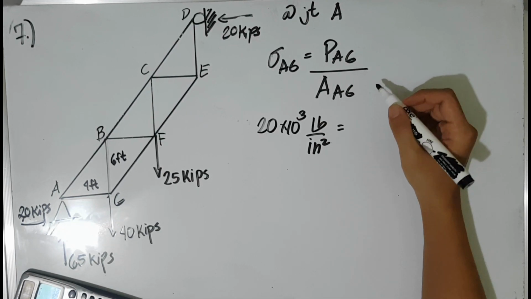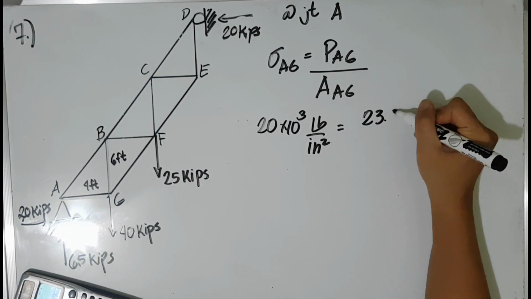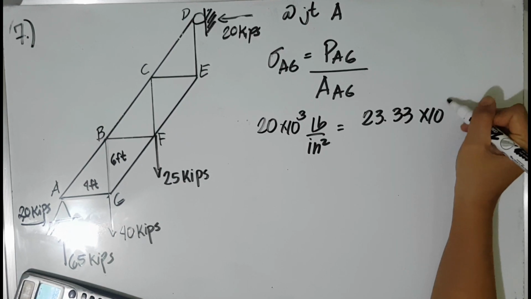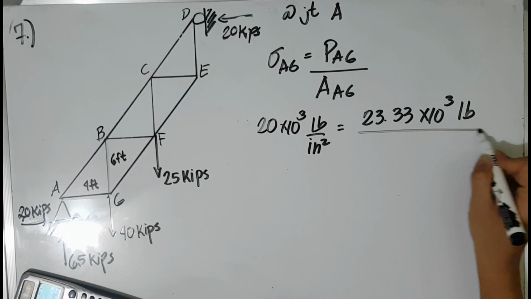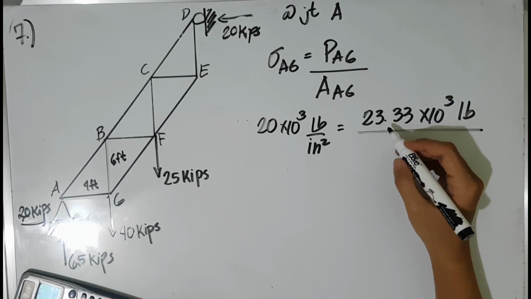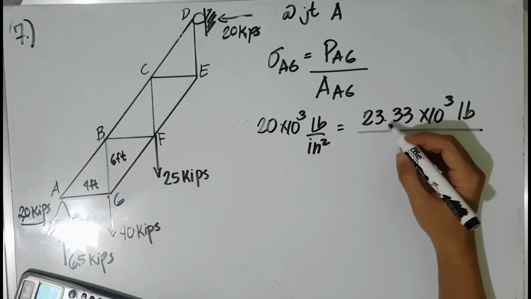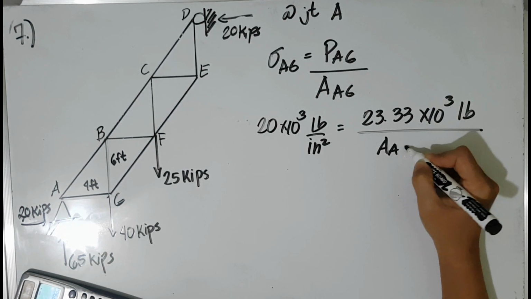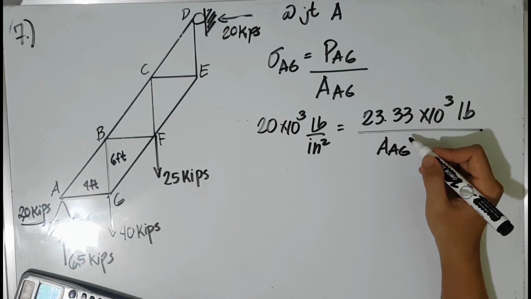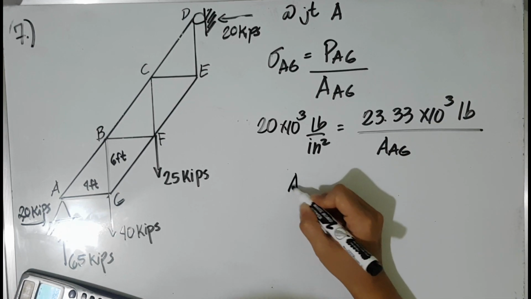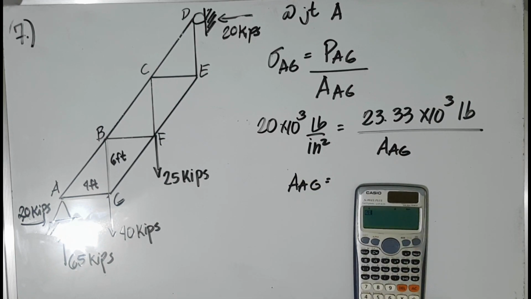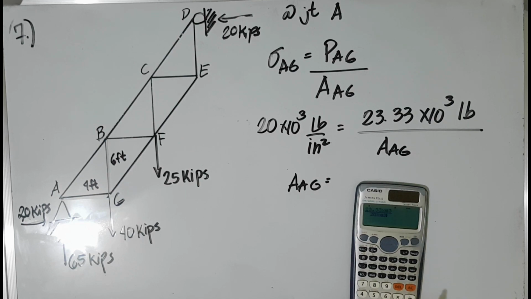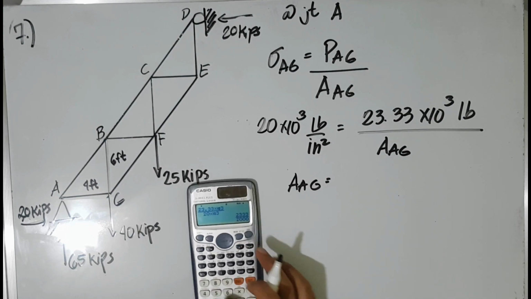And our force AG is 23.33 times 10 raised to 3 pounds. Therefore, our area at member AG is equal to 1.17 inches squared.